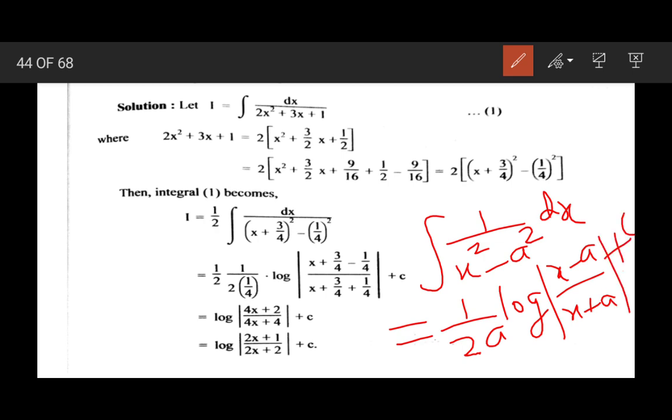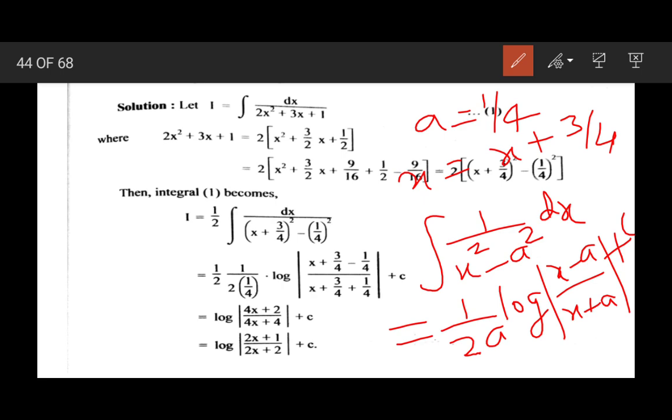Here a is 1 upon 4 and x is x plus 3 upon 4. So in place of x I have to substitute x plus 3 upon 4, and in place of a I have to substitute 1 upon 4.